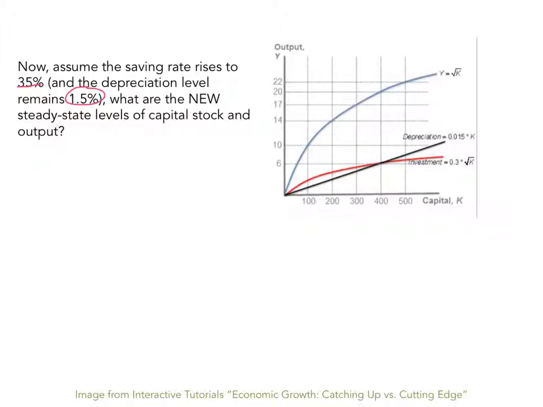You'd expect more available for capital investment, and you'd expect that capital stock would rise. The whole thing shifts up a little bit, and the point where depreciation and investment cross is going to be at a slightly different level.